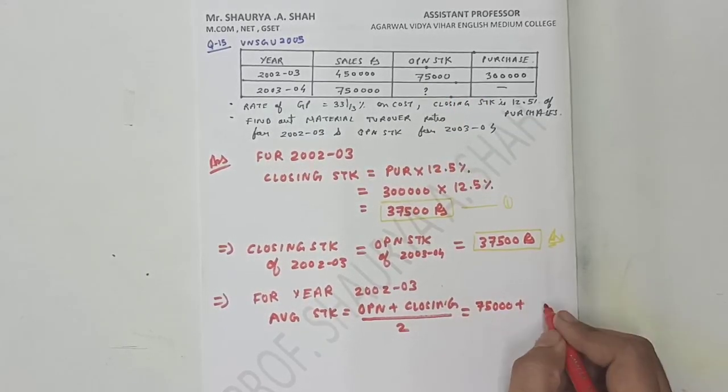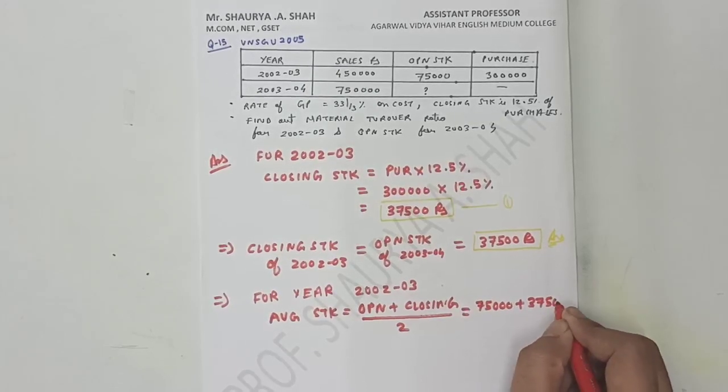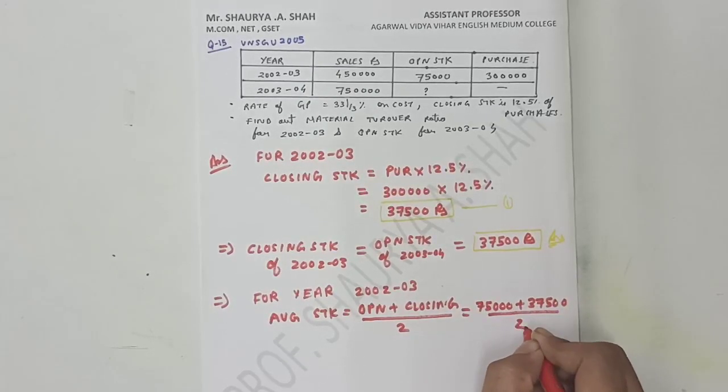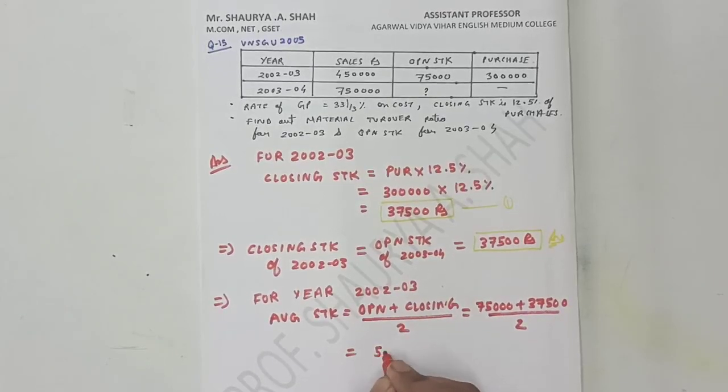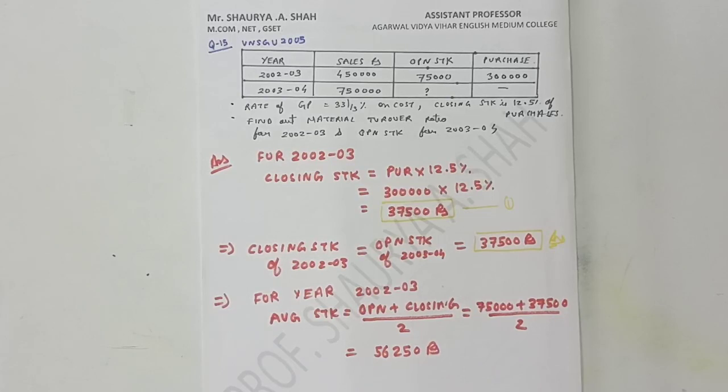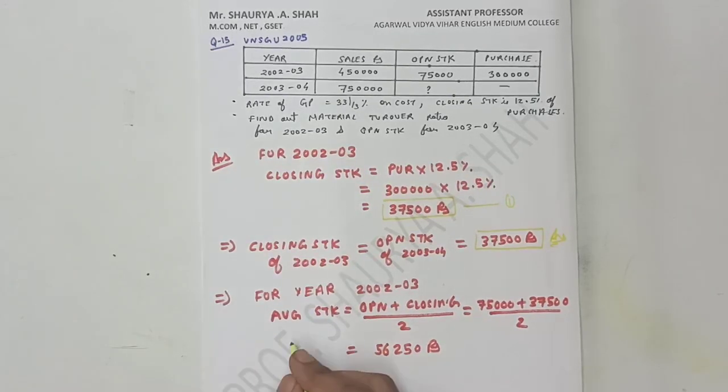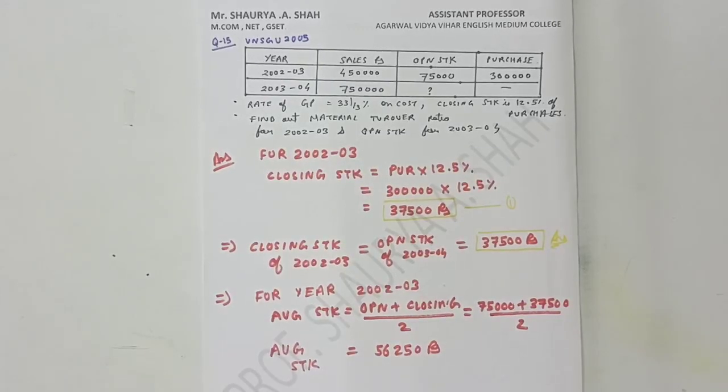What is my closing stock? 37,500, divided by 2, right? Find out the amount. 75,000 plus 37,500 divided by 2. So my amount comes to 56,250 rupees, right? That is my average stock. I hope no doubt in that part, right? So what is my average stock, dear students? Average stock is 56,250 rupees.